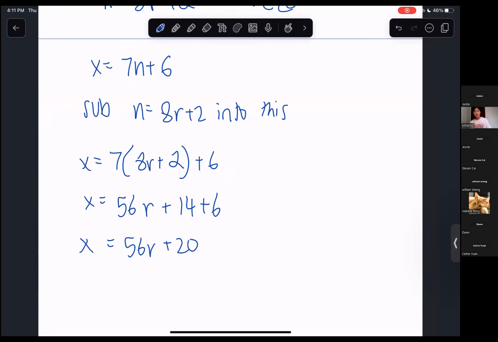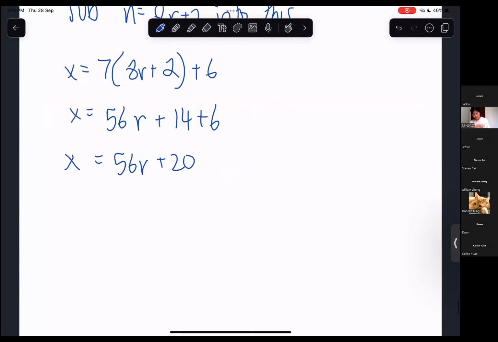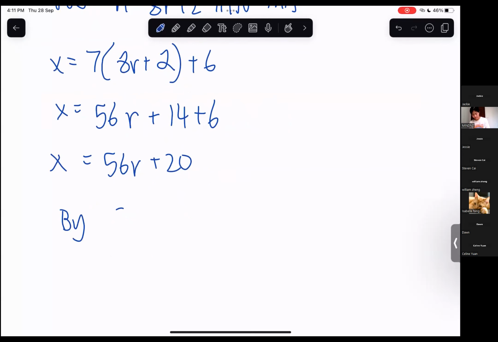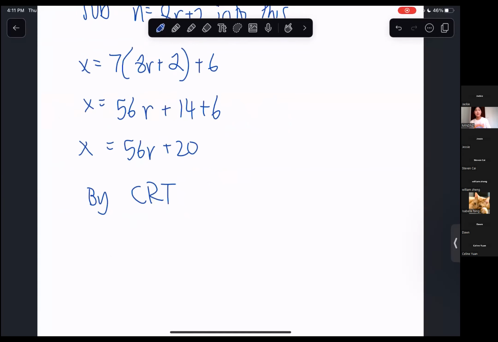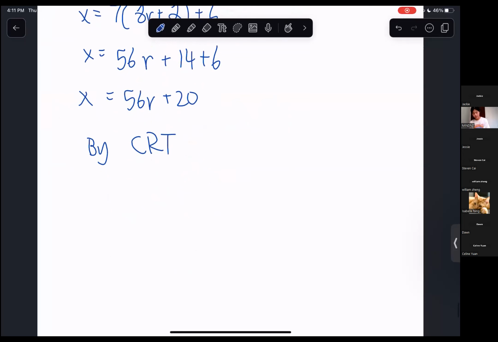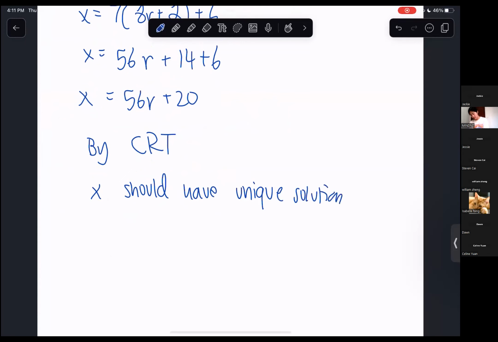By the Chinese remainder theorem, if I just write it as this, we know that x should have a unique solution under mod.